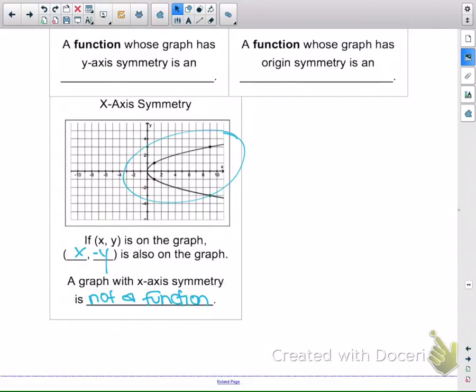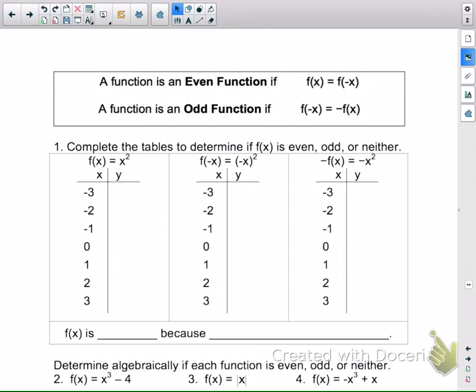Okay. We are not going to do the tables on the back, but what we do need to know from the back of this is the tests for even and odd. All right, the most important thing on this section is this box right here. A function is an even function if f of x is equal to f of negative x. In other words, if you take out your x, plug in negative x, and it gives you the same thing back out, it's an even function.